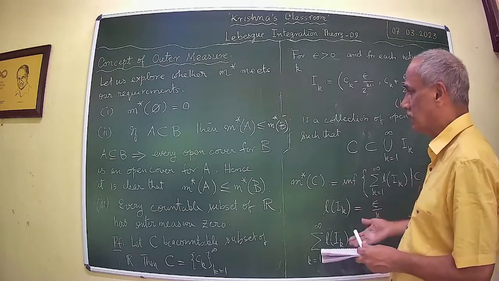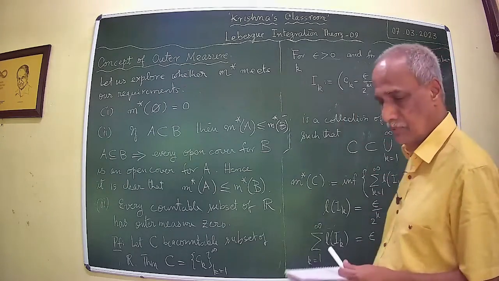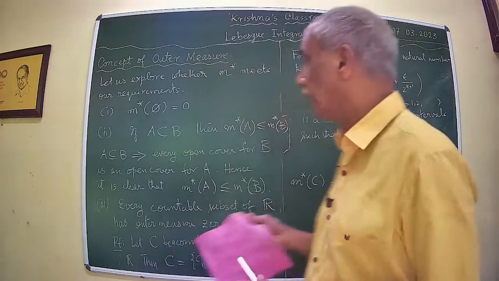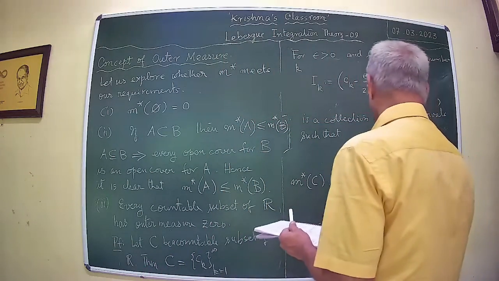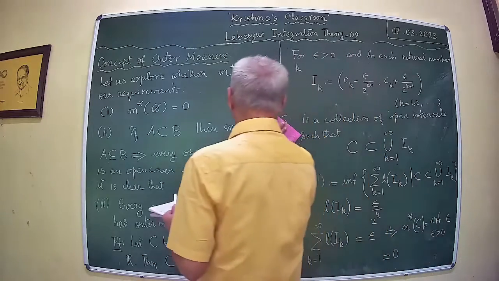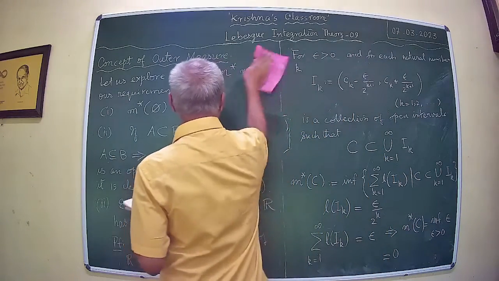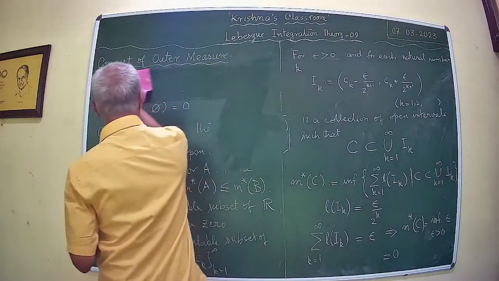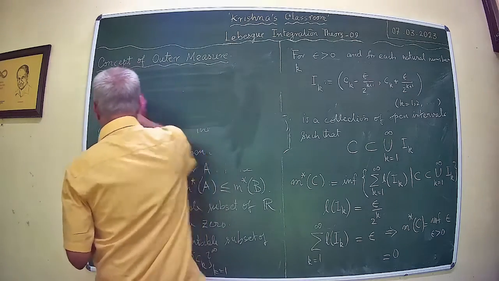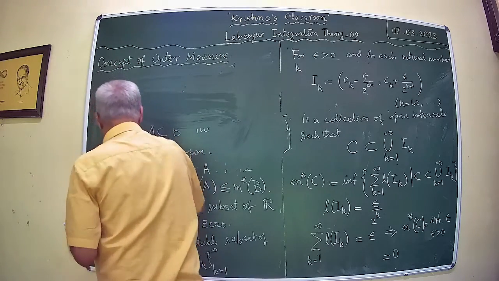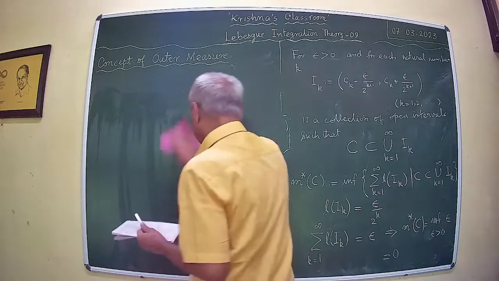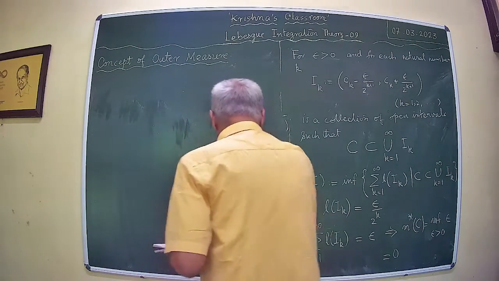That is also satisfied by the way in which we have defined the outer measure. Now let us show that the outer measure of an interval is actually its length. That is a very important result.